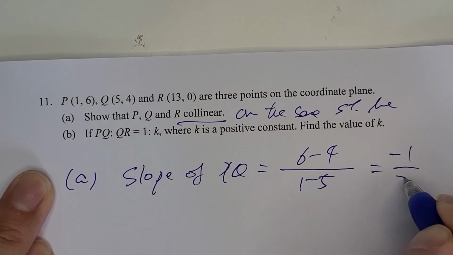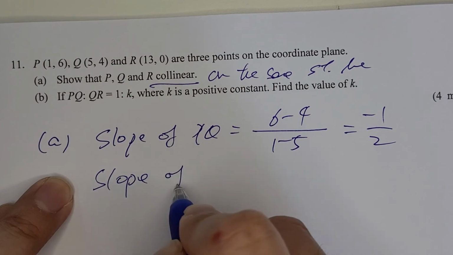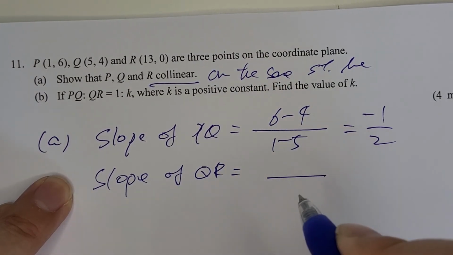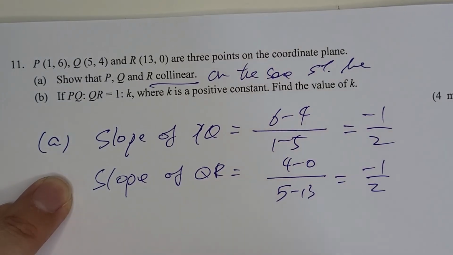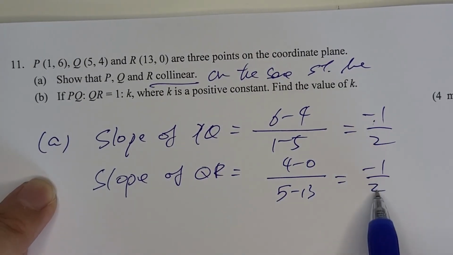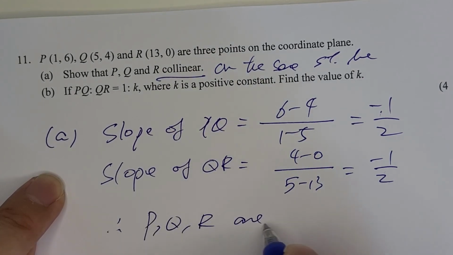That is negative 1 over 2. And you check slope of QR. That is 4 minus 0 over 5 minus 13. Again, that is negative 1 over 2. If their slopes are the same, then that means they are collinear. Otherwise, they are not collinear.